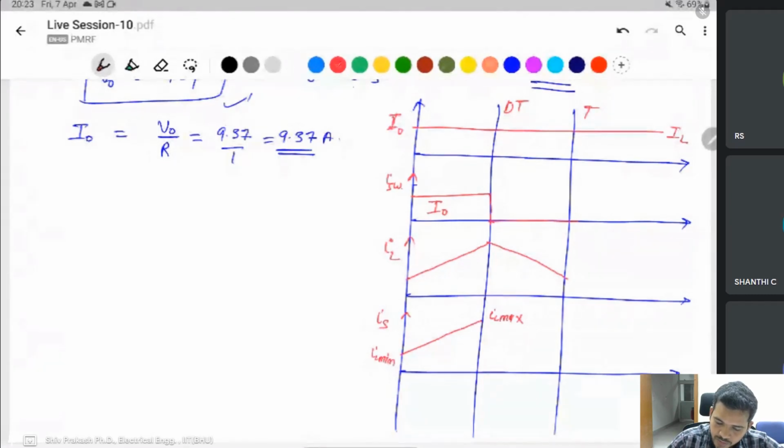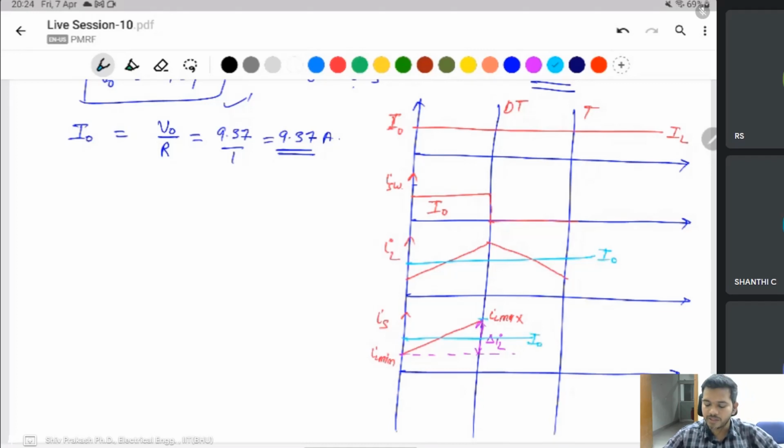The change between them you can take as delta IL. And the average of this is I naught.